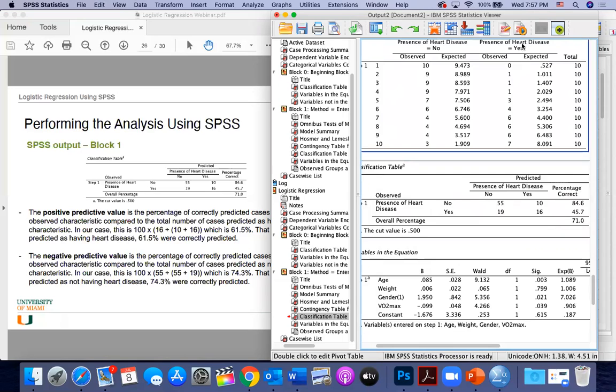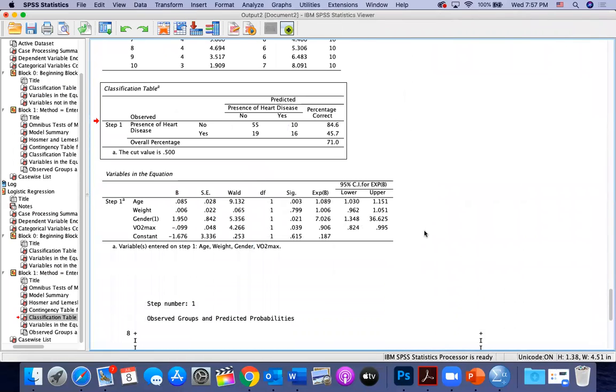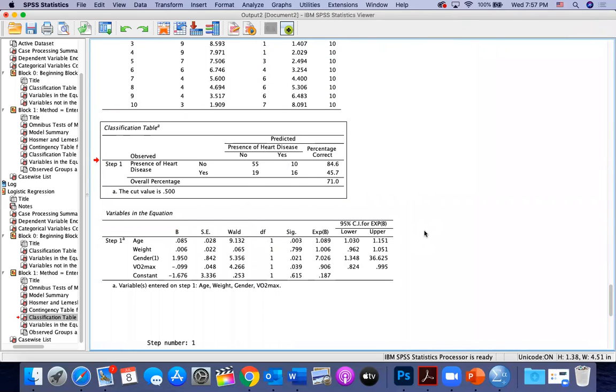So is it clear before moving to the next table? Good. So it seems like everyone is following.